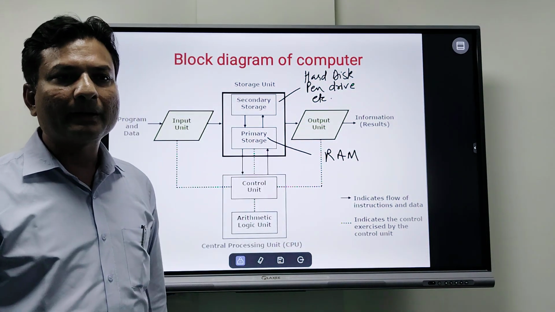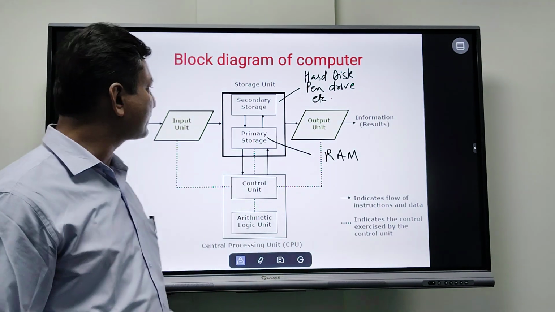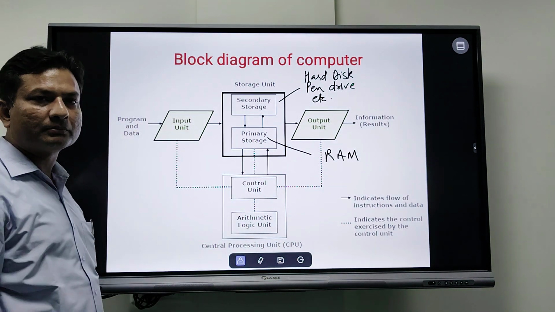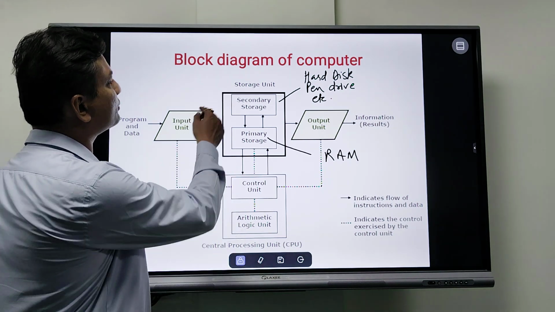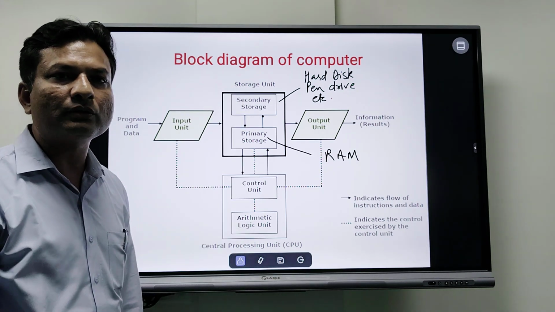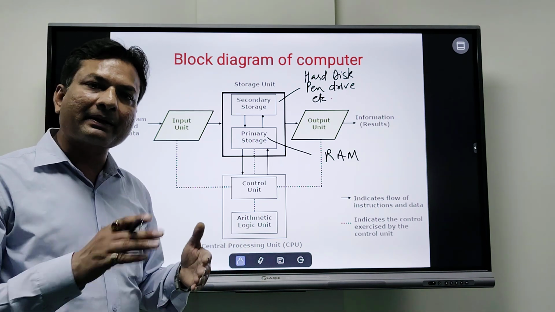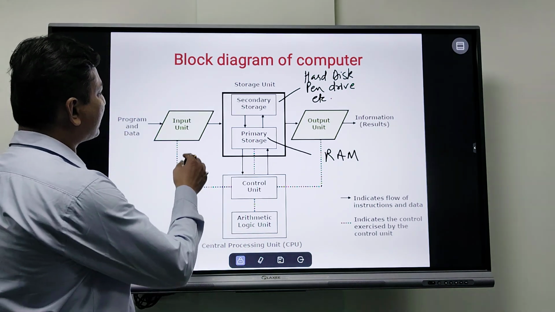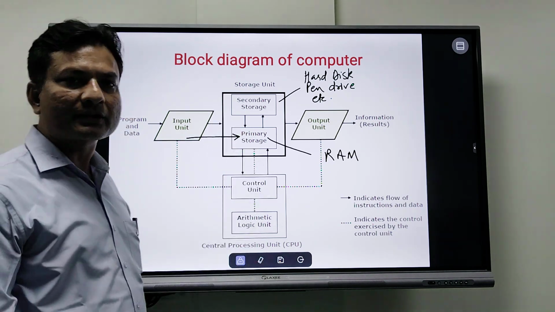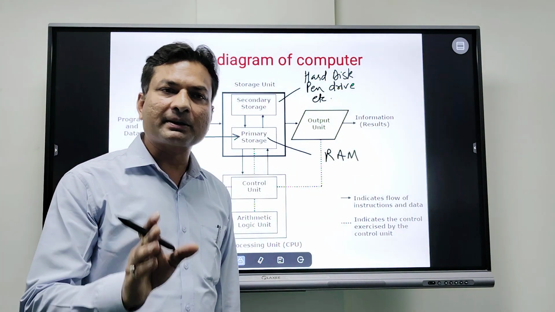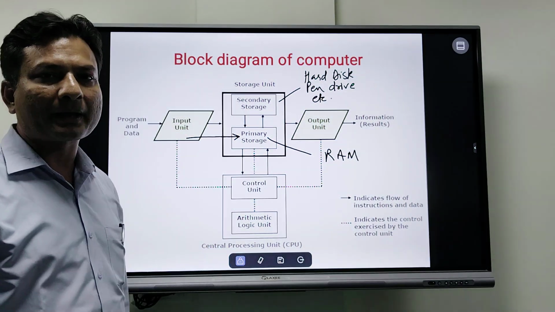But before that, you should know that when we input something using the input unit, where does that input go, to the secondary unit or to the primary unit? Actually, the input supplied by the user goes directly to the primary storage.